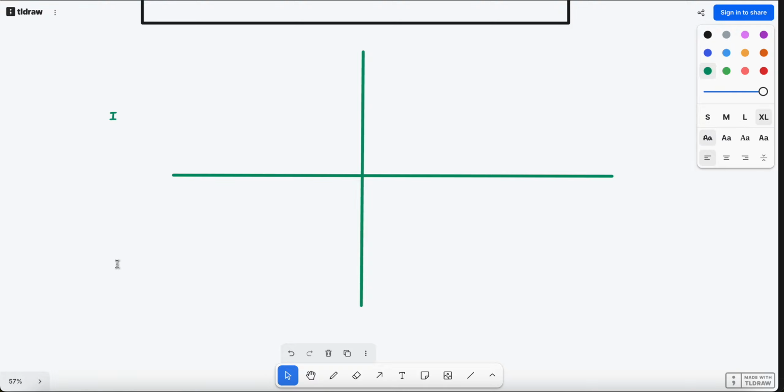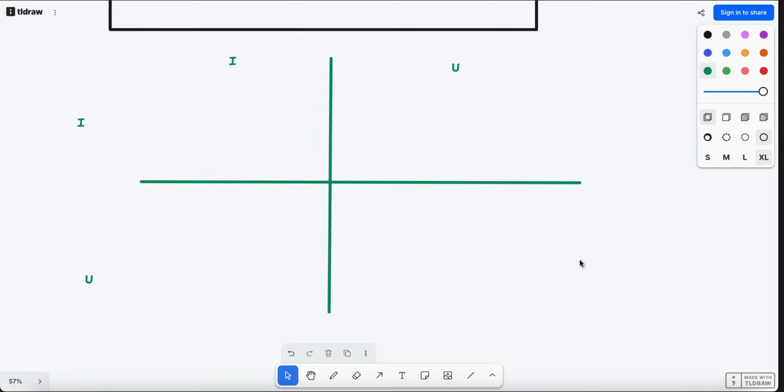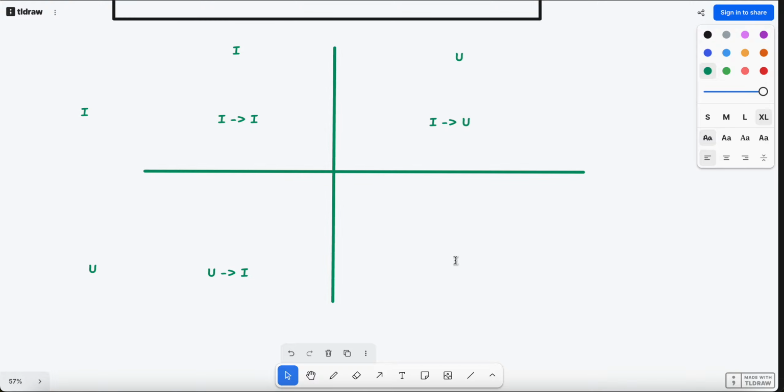Let's call it I and U, and similarly I and U here. So now this quadrant would be basically I understanding I, and this would be I understanding U. This would be U understanding I, and this would be U understanding U.